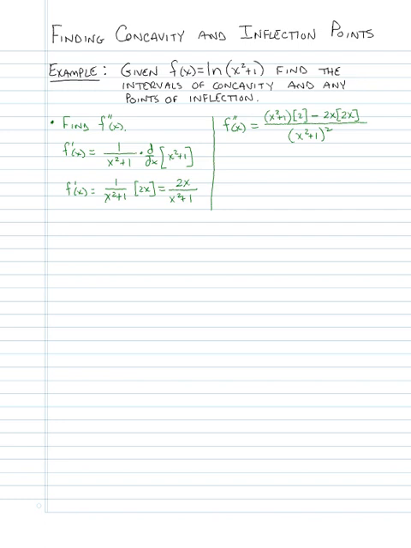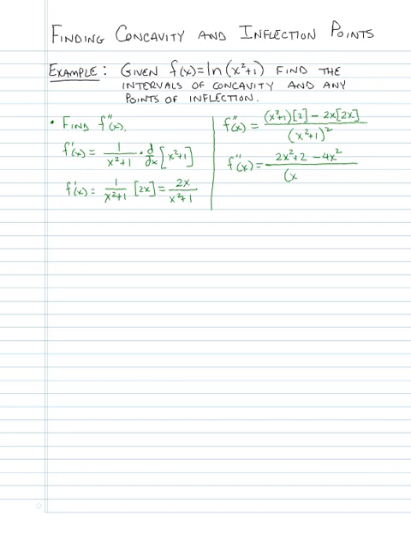Now, this is going to require us to do a little bit of simplification. So let's go ahead and look at that numerator again. Notice that in the first part, we have an x squared plus 1 times a 2. So that would end up being 2x squared plus 2, wouldn't it? And then we have a minus 2x times 2x, which is minus 4x squared.